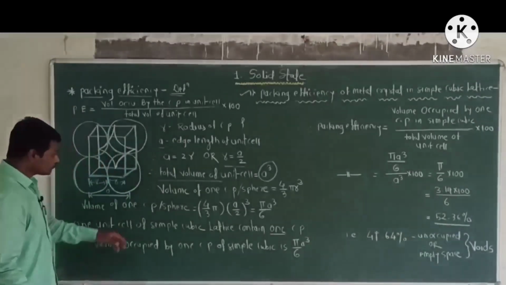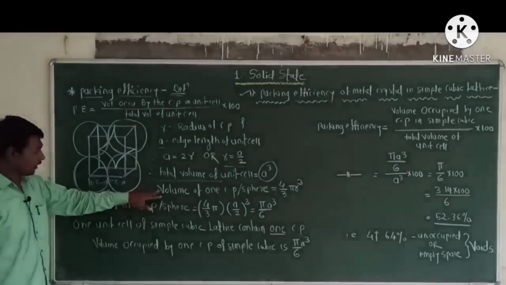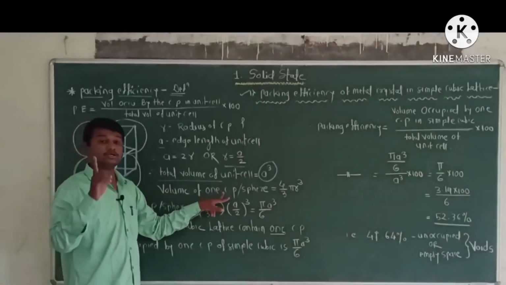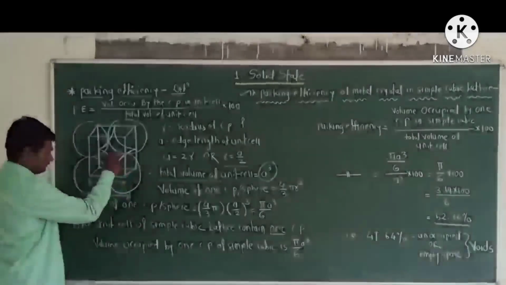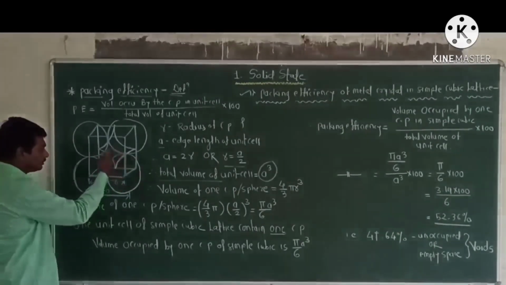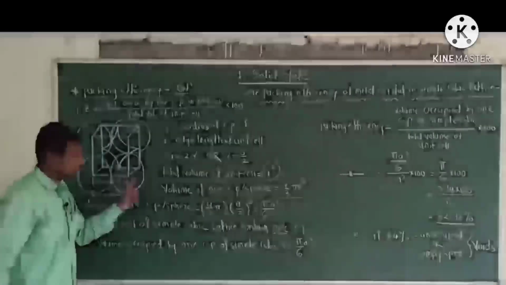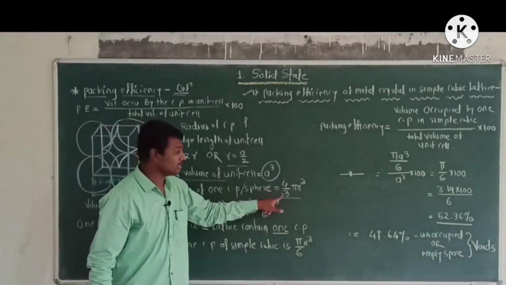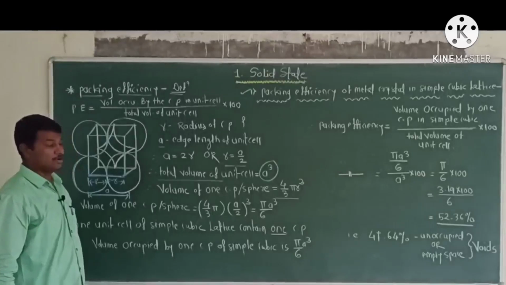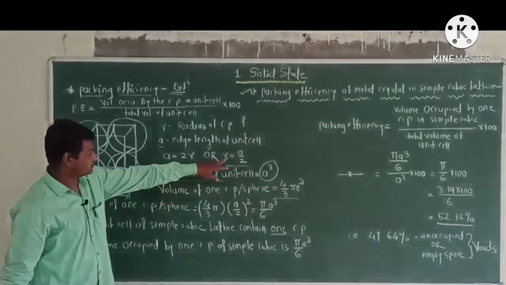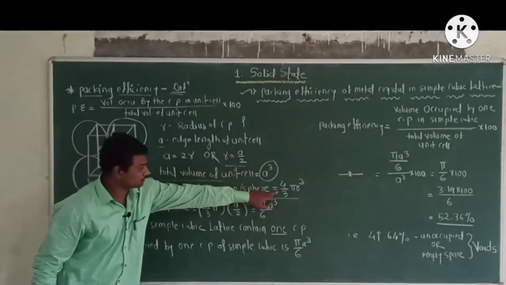Now, therefore, the volume of one constituent particle or sphere. The constituent particle is nothing but a sphere. All of you know the volume of a sphere is 4 upon 3 pi r cube. Now put the value of r in this equation.